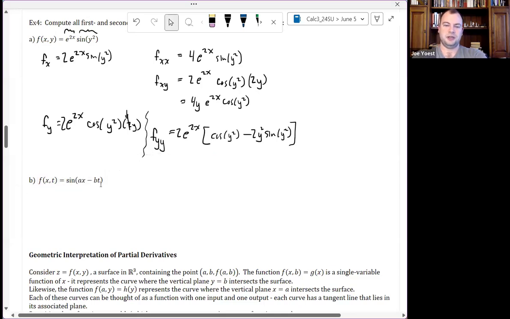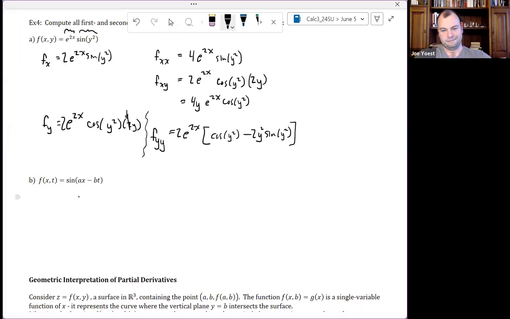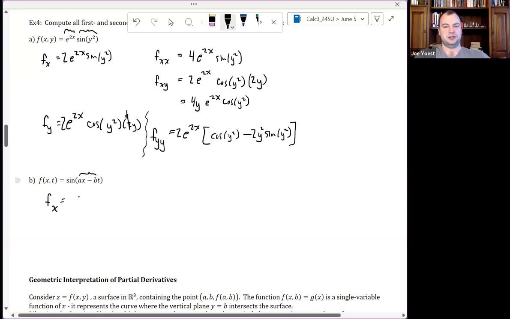f of x and t is sine of ax minus bt. So df/dx, I see I have sine of a function of x, that's going to differentiate to cos(ax minus bt). And then the chain rule is going to pop out a factor of a.